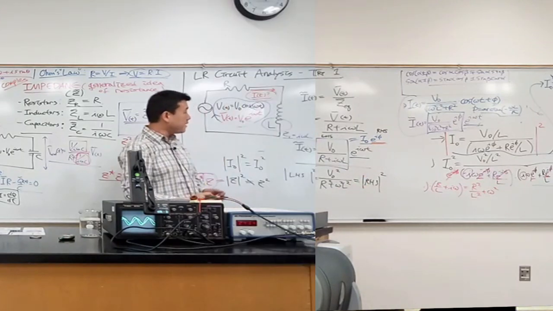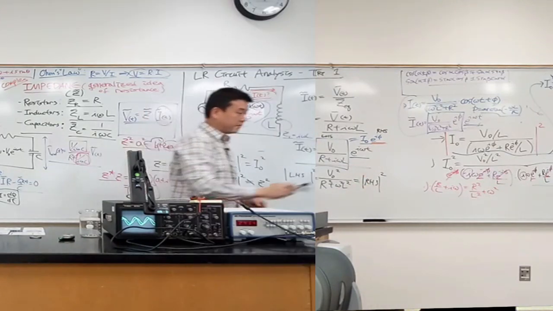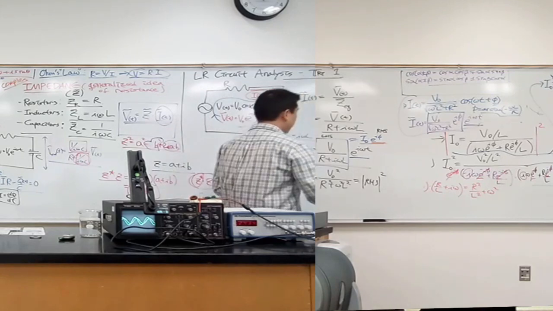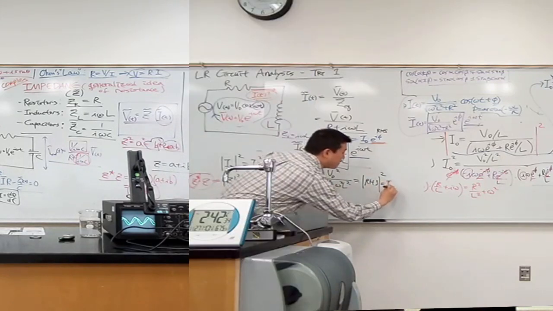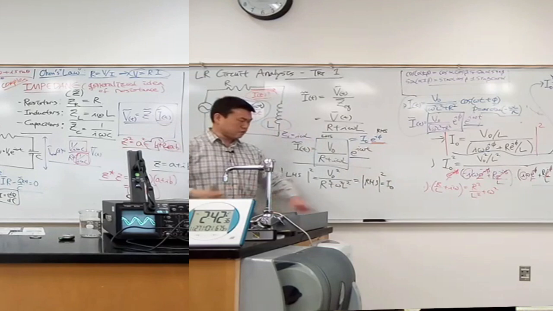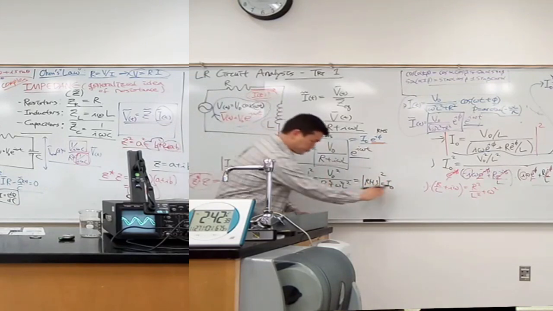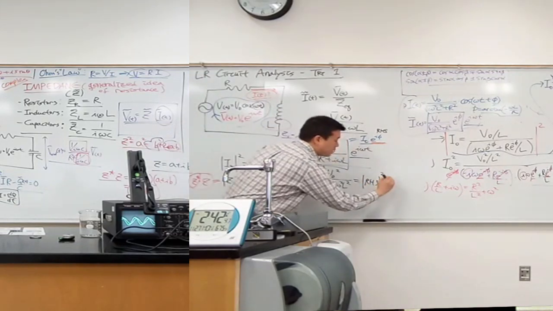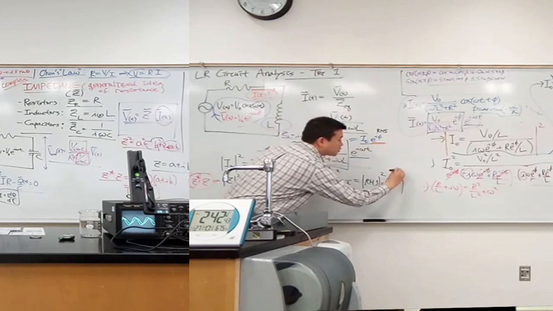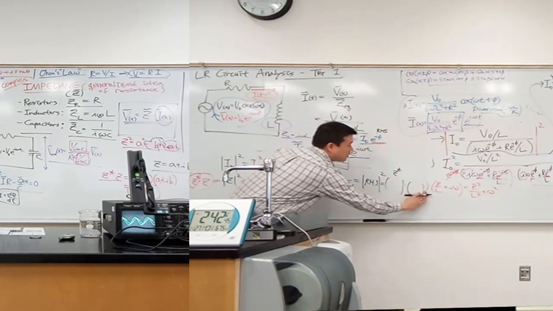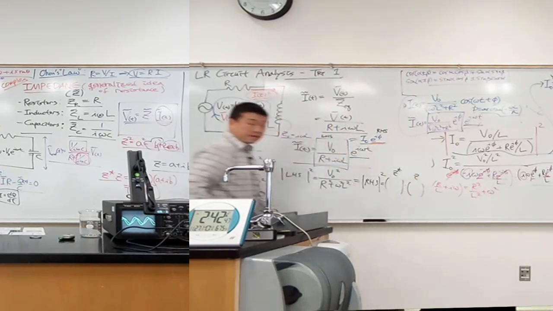Here, let me write it out a little bit more carefully. This will be written with the complex conjugate times the original complex number itself.